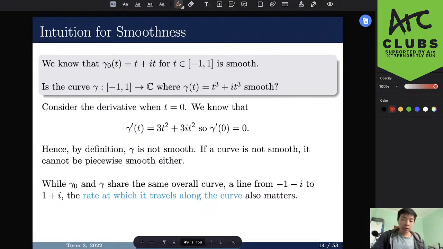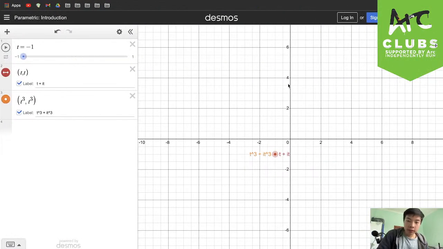So, as I mentioned before, gamma 0 and gamma both share the same overall curve. But if we look at this example, where of course it starts at -1, and we have 2 points, the red point is going to be our t plus it, and the orange point is t cubed plus it cubed. We actually see that there's a noticeable pause at 0.